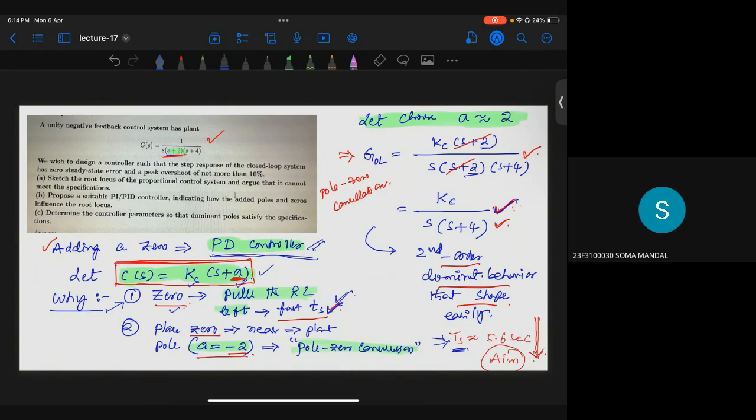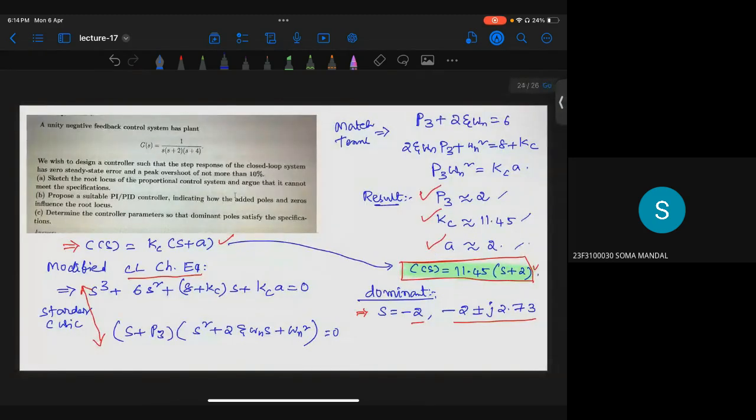How much you need to pull depends upon your design requirements. These parameters, like the zero location and Kc, you have to calculate based upon your design parameters.